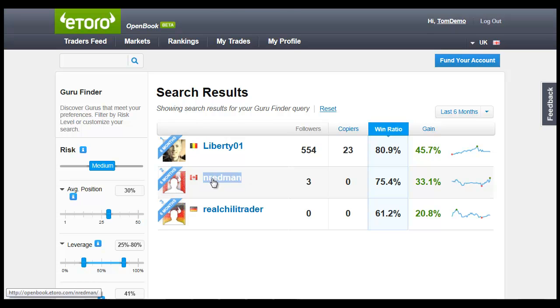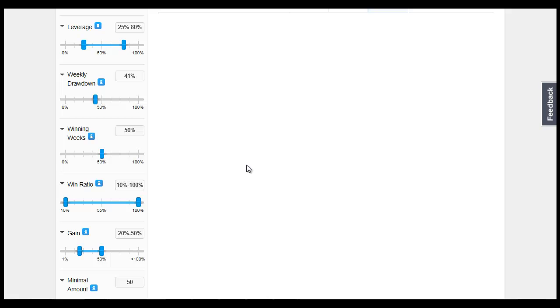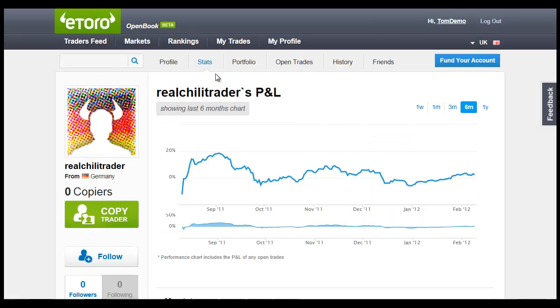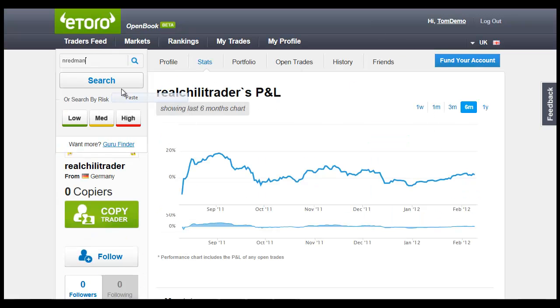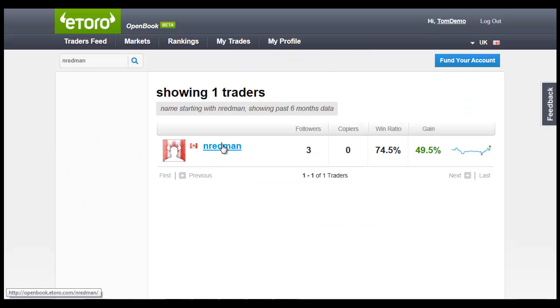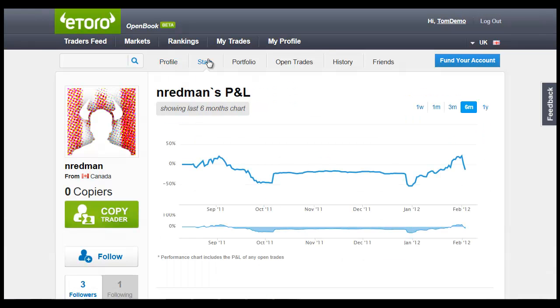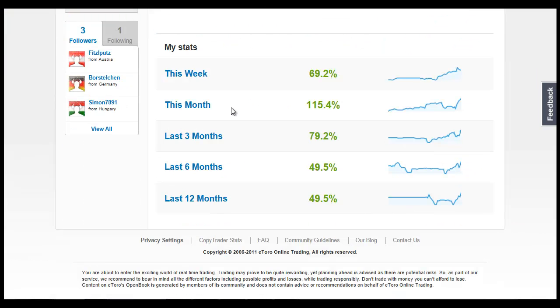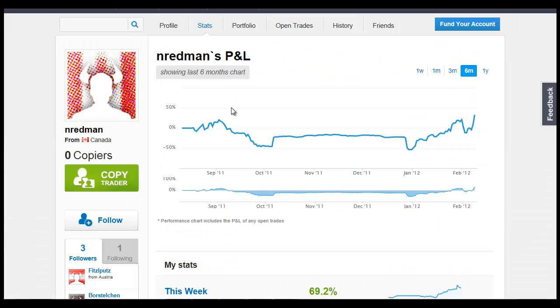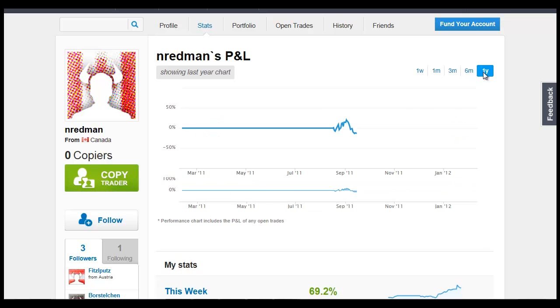Okay, basically just by playing with those indicators, I found another trader. Let's see if this trader will actually fit. Okay, so this trader actually looks kind of good.